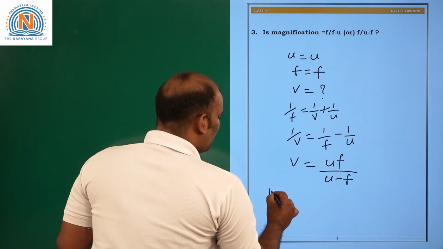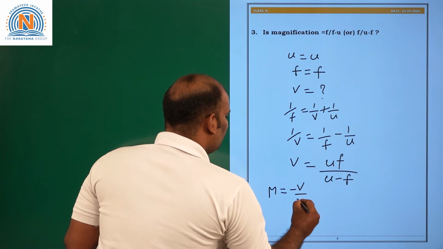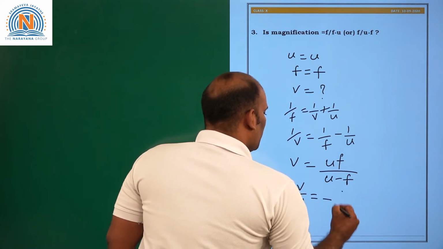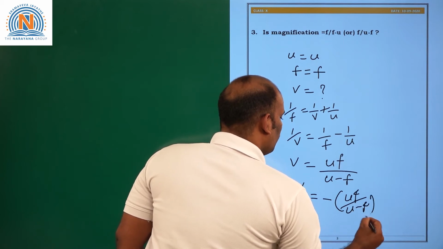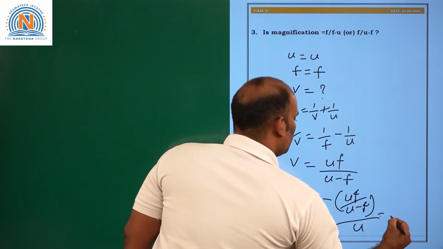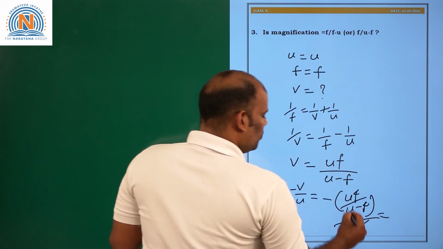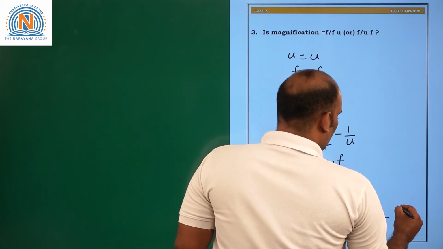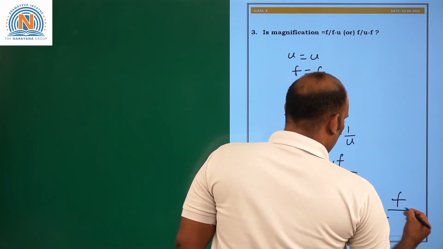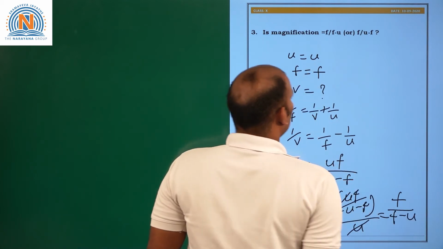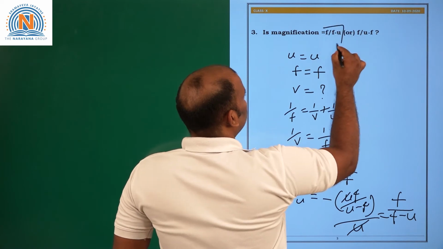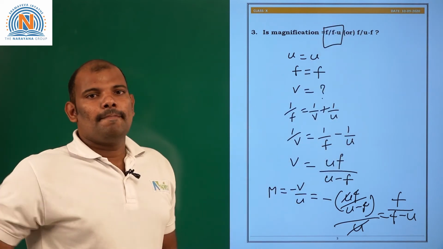So magnification M is equal to minus V over U, that is minus of UF over U minus F by U. U gets cancelled. So you can write F over F minus U. This is the correct answer.